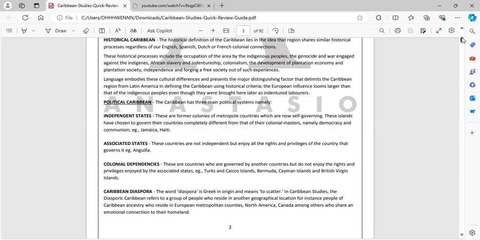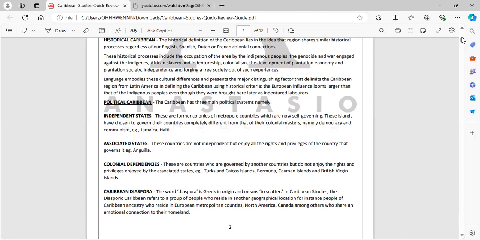We know the Caribbean is very small, and a lot of us go through the same thing. Jamaica, Cuba, Haiti, countries go through the same thing. Haiti went through the Haitian Revolution with the French. Jamaica fought the Spaniards, and when the British came over, they signed a treaty.